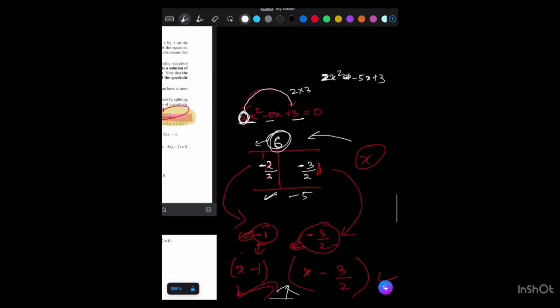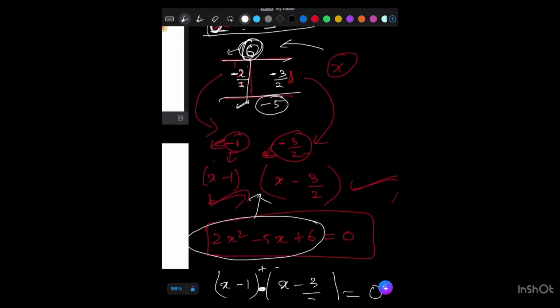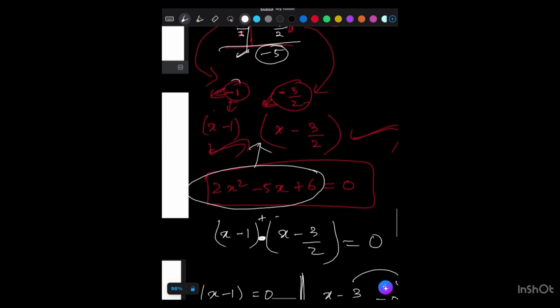We got the equation, and we multiplied the first digit with the last one, we got 6, and the middle term is minus 5. We just found out which numbers give 6 when multiplying and minus 5 when adding or subtracting. Okay, we got these two numbers, right?